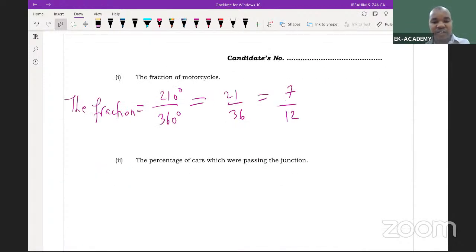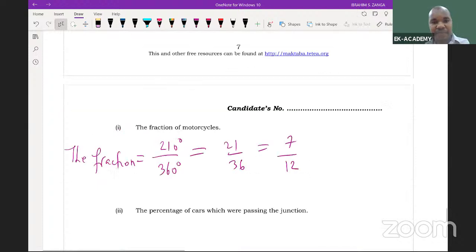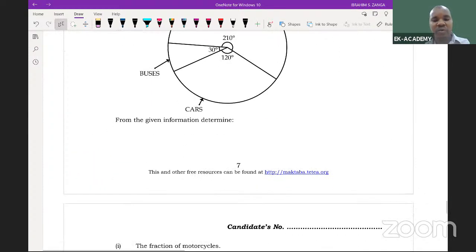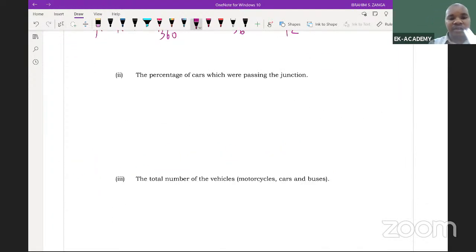The percentage of cars which were passing the junction. So you're going to take 120 over 360, multiply by 100%. We simplify the zeros here.